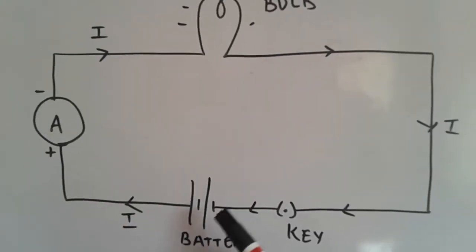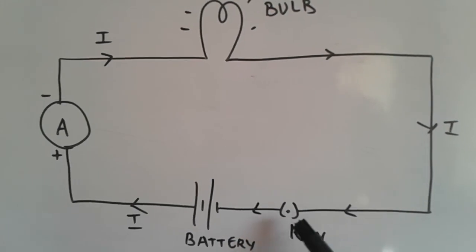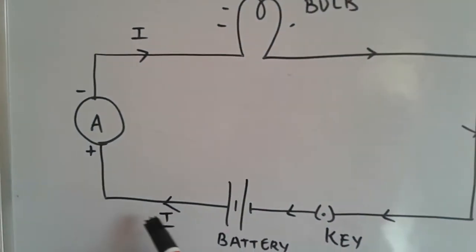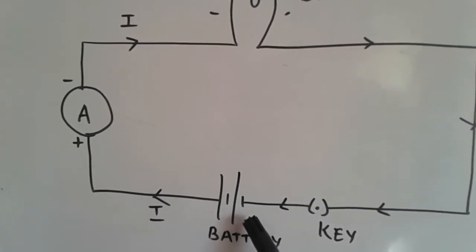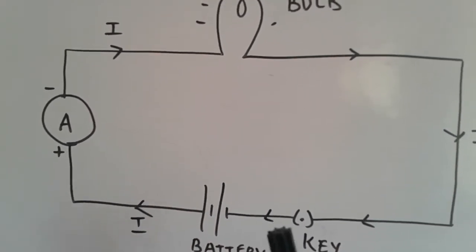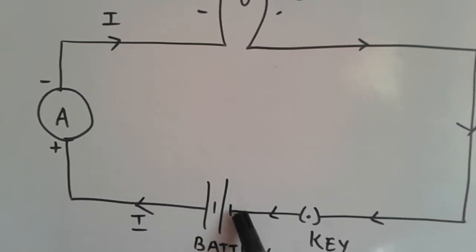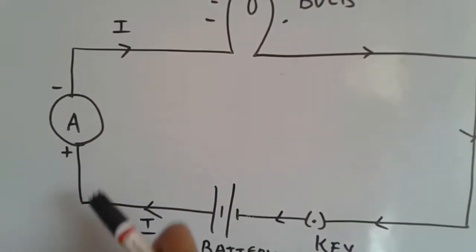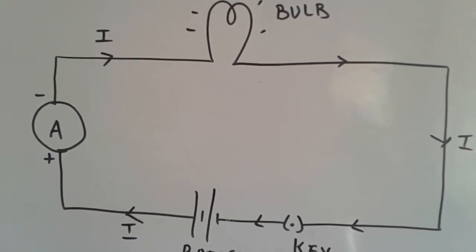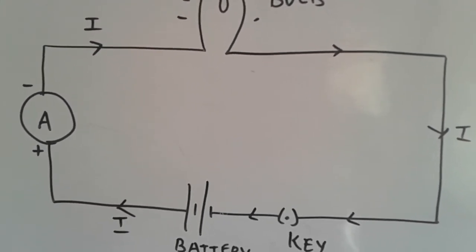You can see they flow from the negative terminal of a battery to the positive terminal. They move from here to here. Now when they move from the negative terminal, the amount of work which is done on a single charge to make it move from this terminal to the positive terminal is counted as potential difference.